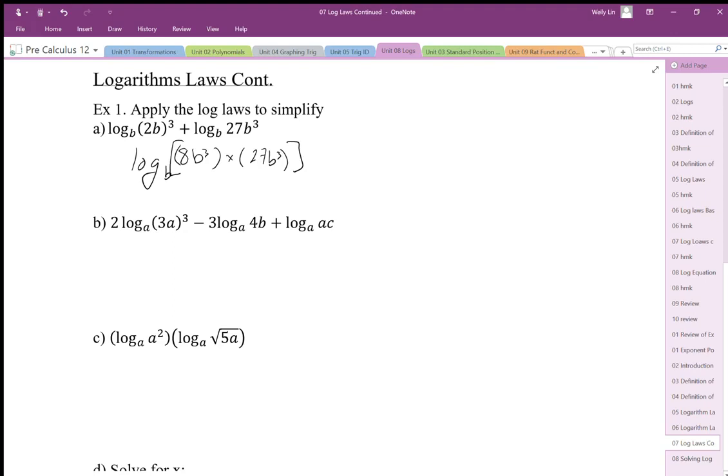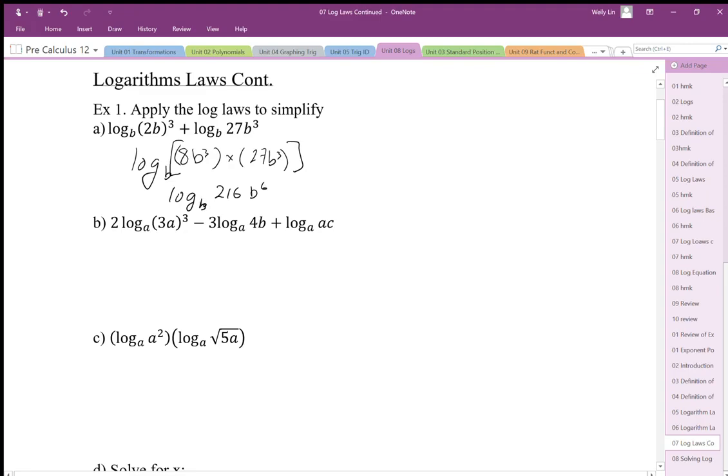I think that's 216, if I'm not mistaken. So we're going to make this log base b of 216, and that's going to be b to the power 6.